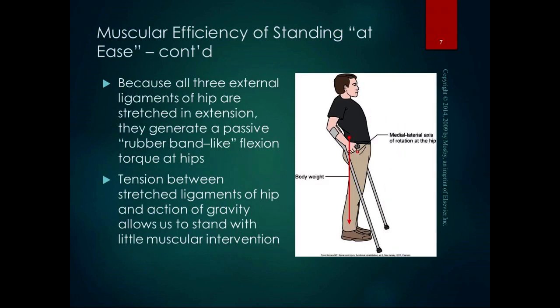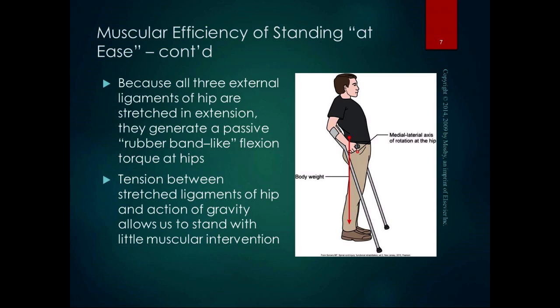So all three of those external ligaments of the hip are stretched in extension, and they create that passive rubber band-like flexion torque at the hips. So tension between the stretched ligaments of the hip and the action of gravity allows us to stand with very little muscular intervention. So here's the picture of the guy with paraplegia who's using the flexion crutches.